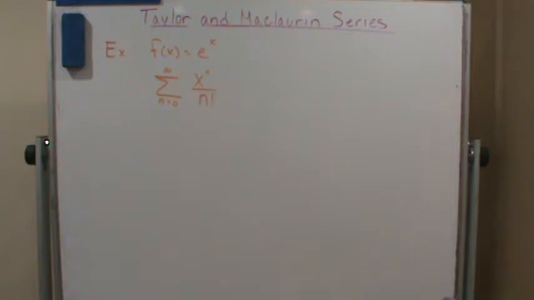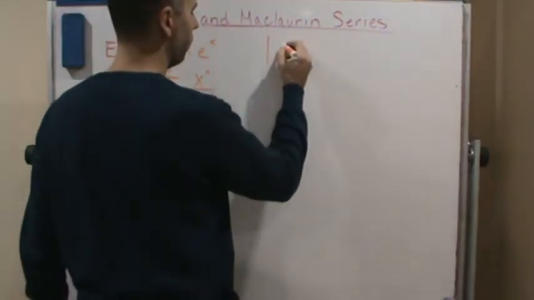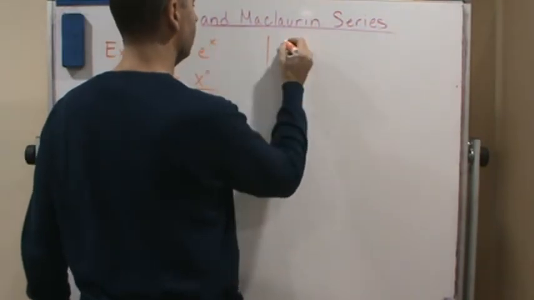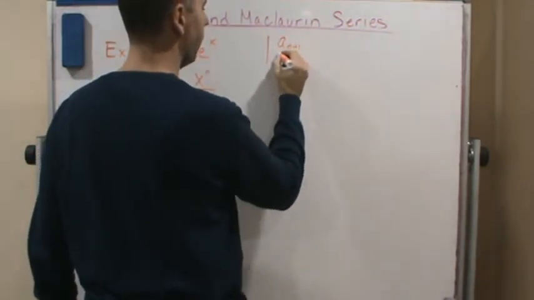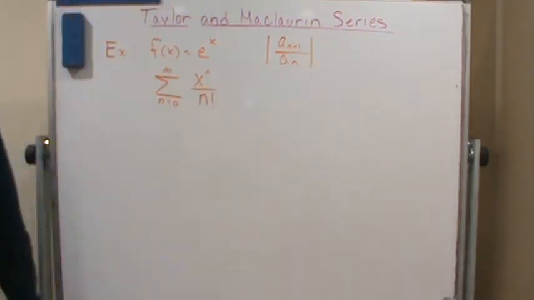So we take the ratio, the absolute value of a sub n plus 1 over a sub n.